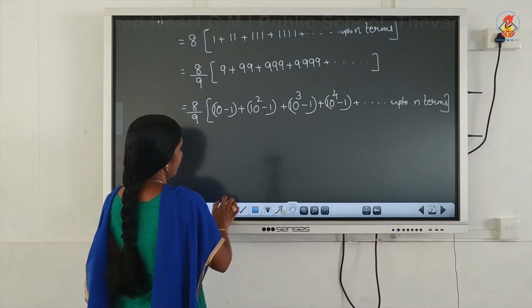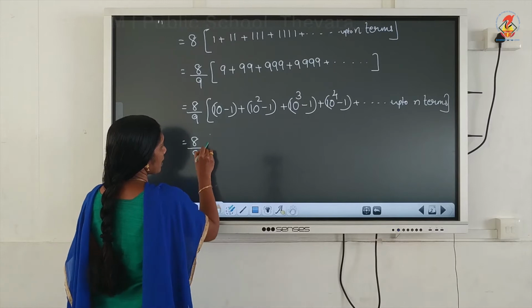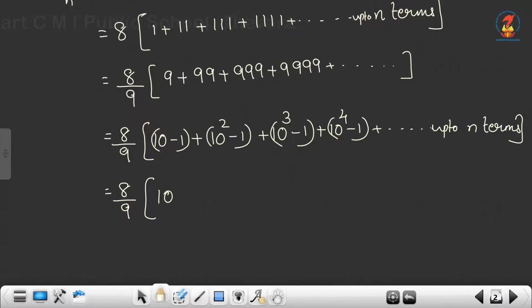Now, we can write as 8 by 9. The first terms, write the first terms together. So, 10 plus 10 square plus 10 cube plus etc. n terms. Okay. Then this minus 1 minus 1 minus 1. Second terms write together.